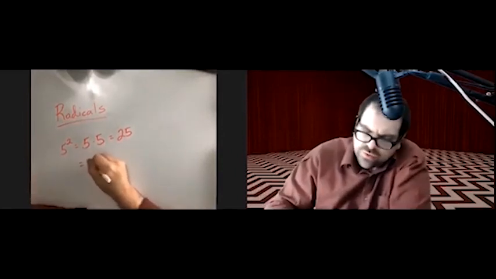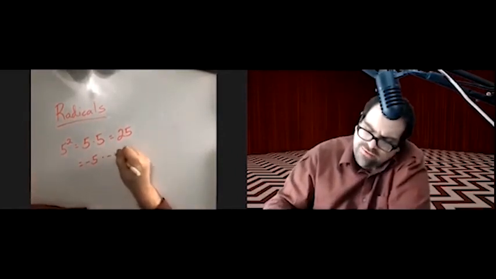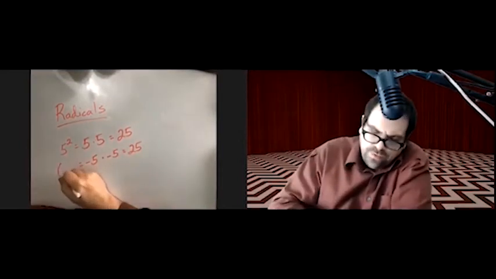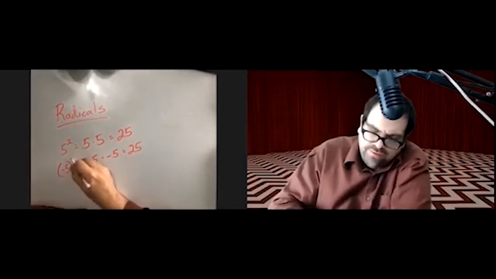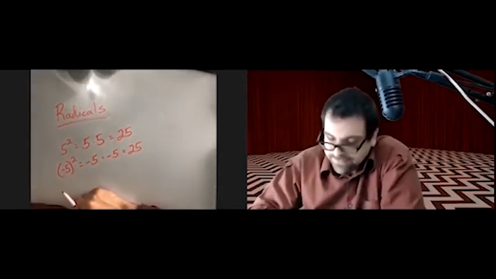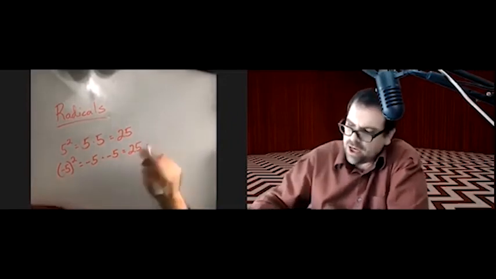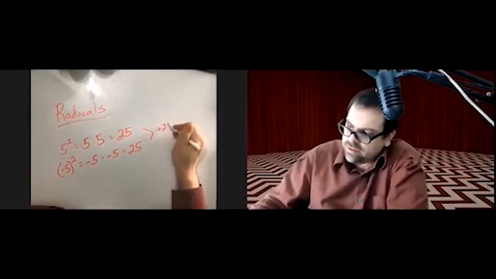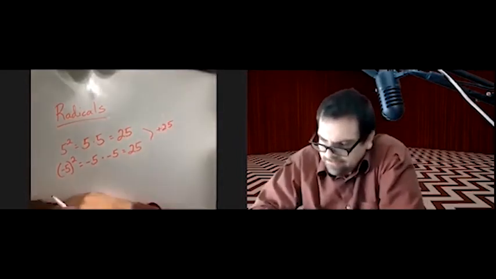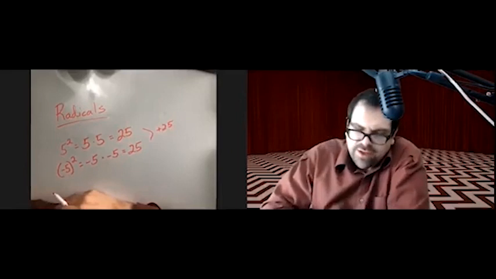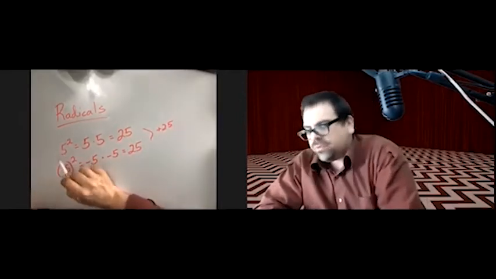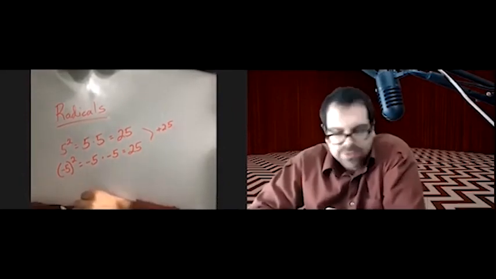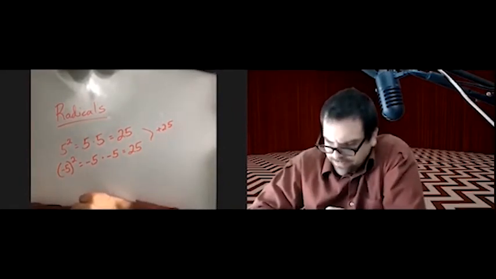But it's also true that -5 times -5, or -5 in parentheses squared, is positive 25. Both of these are positive 25, which means not only is 5 a square root of 25, but -5 is also a square root of 25.